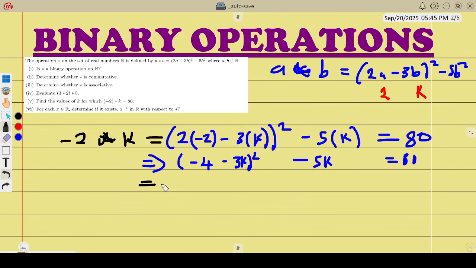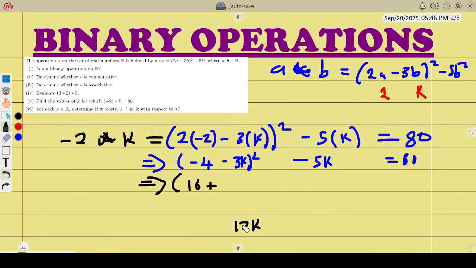So we just simplify this part. Negative 4 times negative 4. Remember, you just open the brackets and multiply one by one. That's the normal way. Or I use this shortcut, which should give you the same answer. Negative 4 times negative 4 is 16. And then negative 4 times negative 3k is positive 12k.